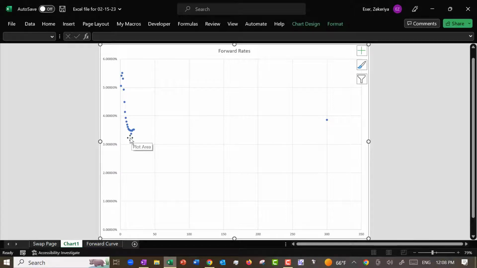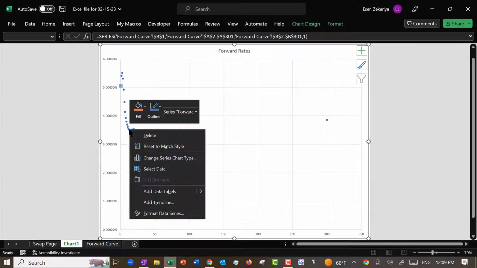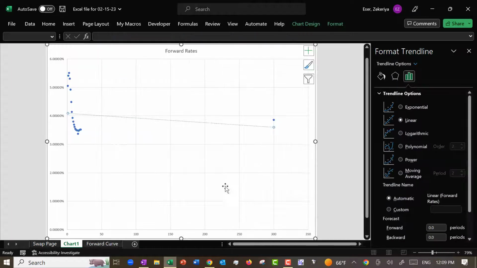If you kind of want to interpolate, here's one thing you can do. Select that series, say add trend line, fit, let's do logarithmic, no, let's do polynomial.